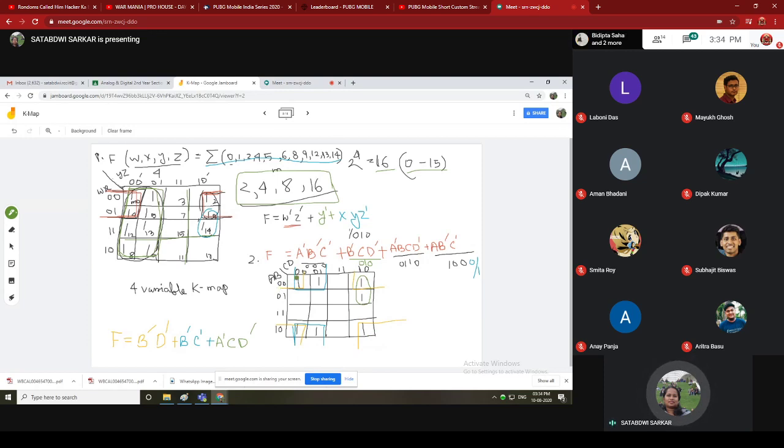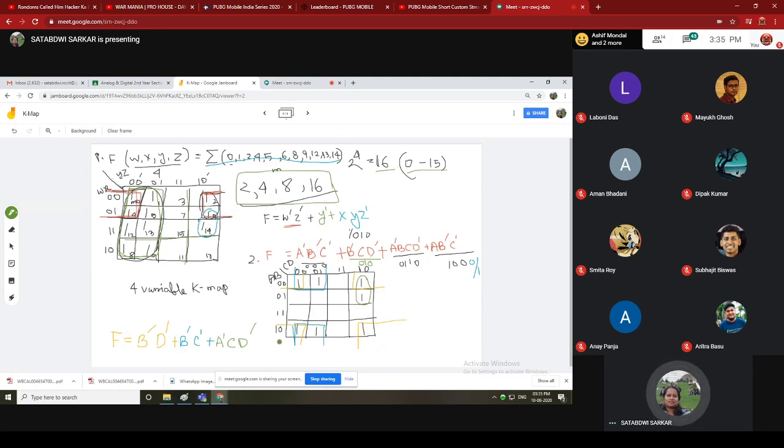Value of A is here 0, B is also 0, C 0, D 0. And here A is 0, B is 0, C is 1, that is changing, and D is 0. Here A is 1, that means A is changing, C is changing 1, and D is 0.